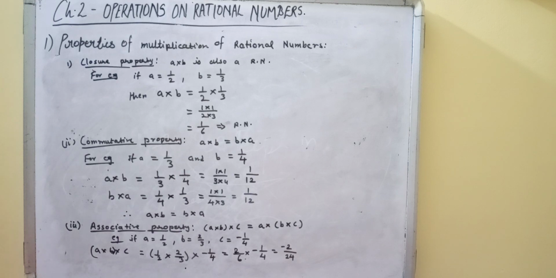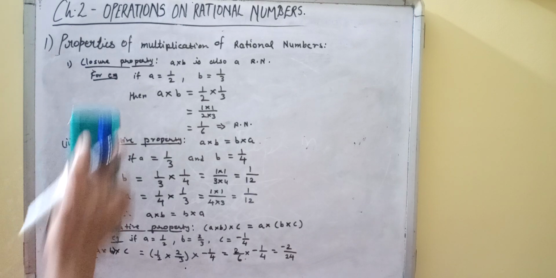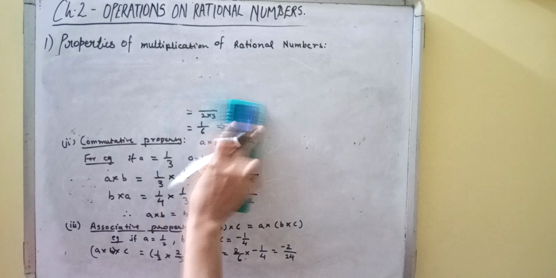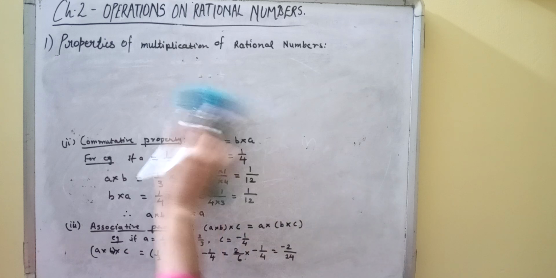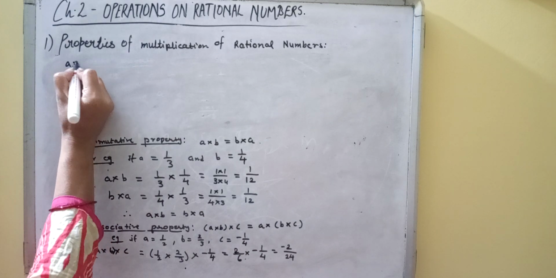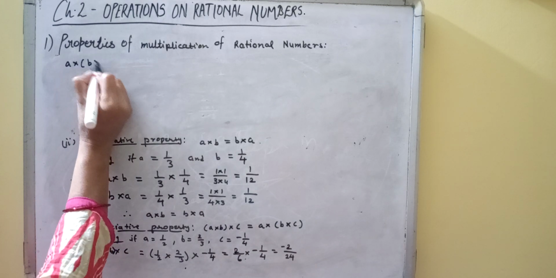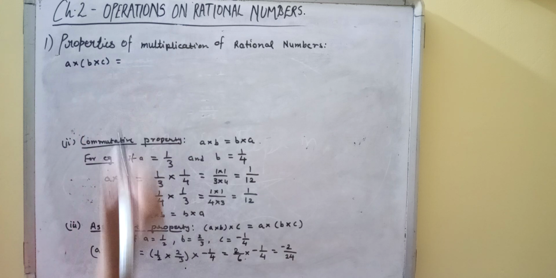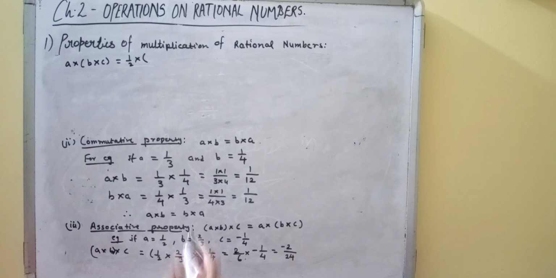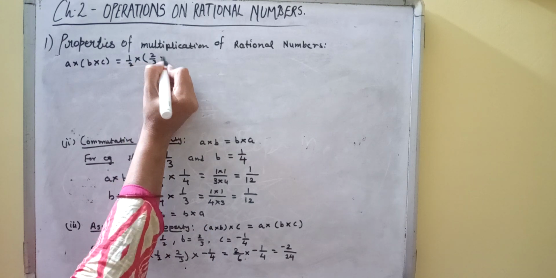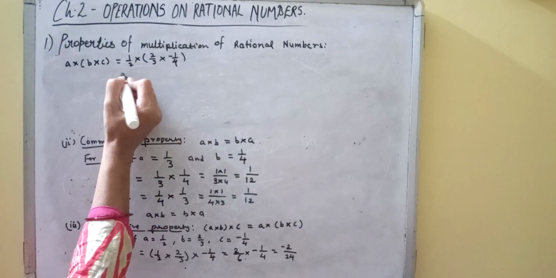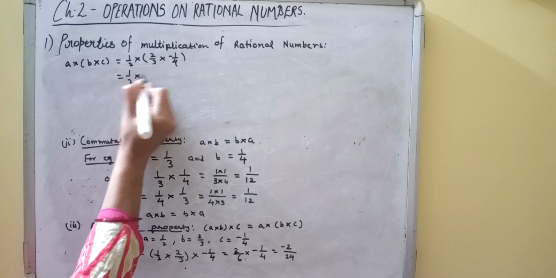Now we solve the right hand side. The right hand side is A into B into C. So A is 1 upon 2, B is 2 upon 3 and C is minus 1 upon 4. Now first solve the bracket.